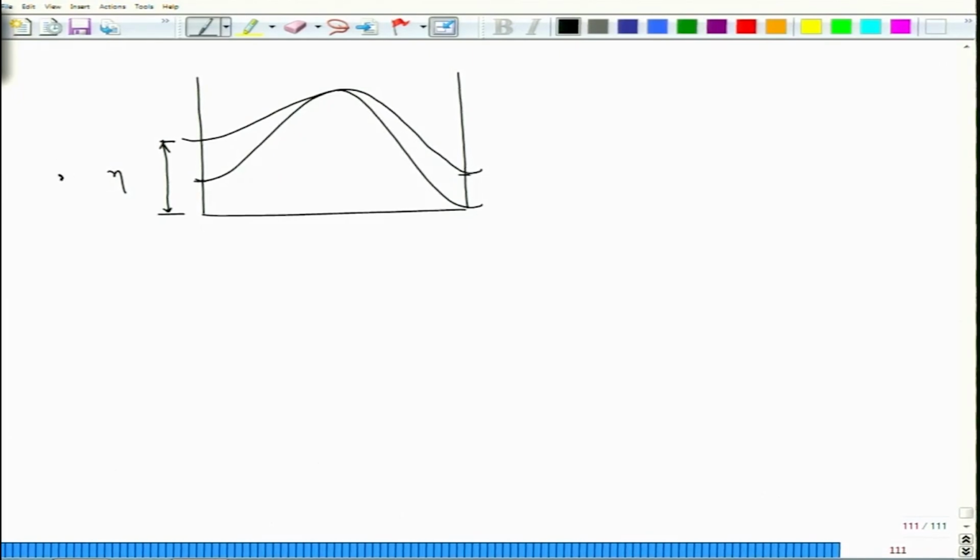So, this becomes nF eta, and the contribution towards the anodic side is alpha nF eta, and the other part is alpha prime, or simply we put it 1 minus alpha nF eta. This is IHP, this is OHP, this is M or R reductant, this is M^n+ or oxidant.